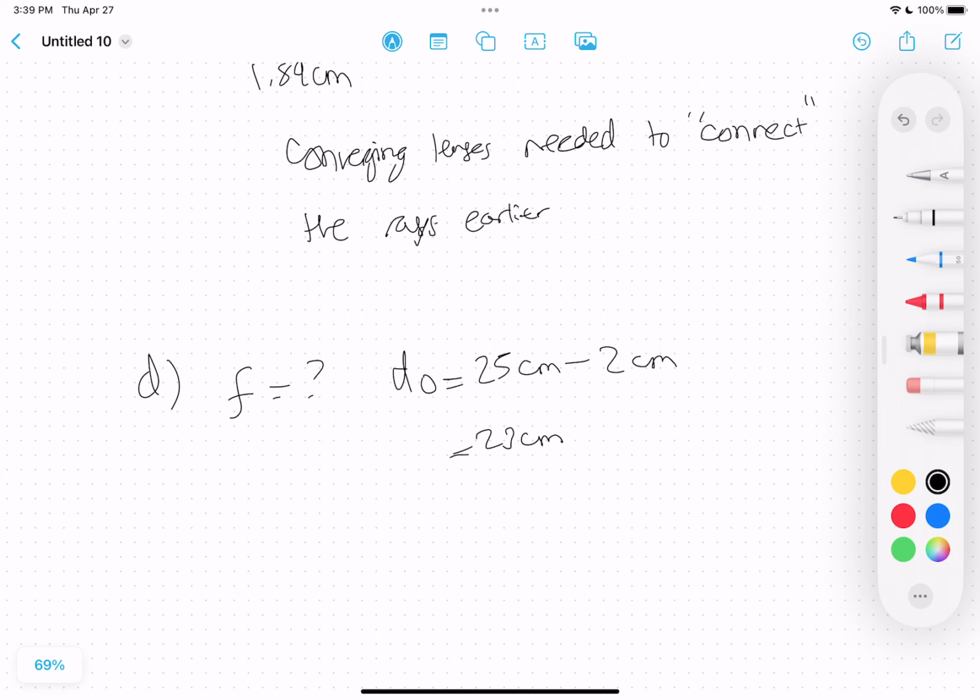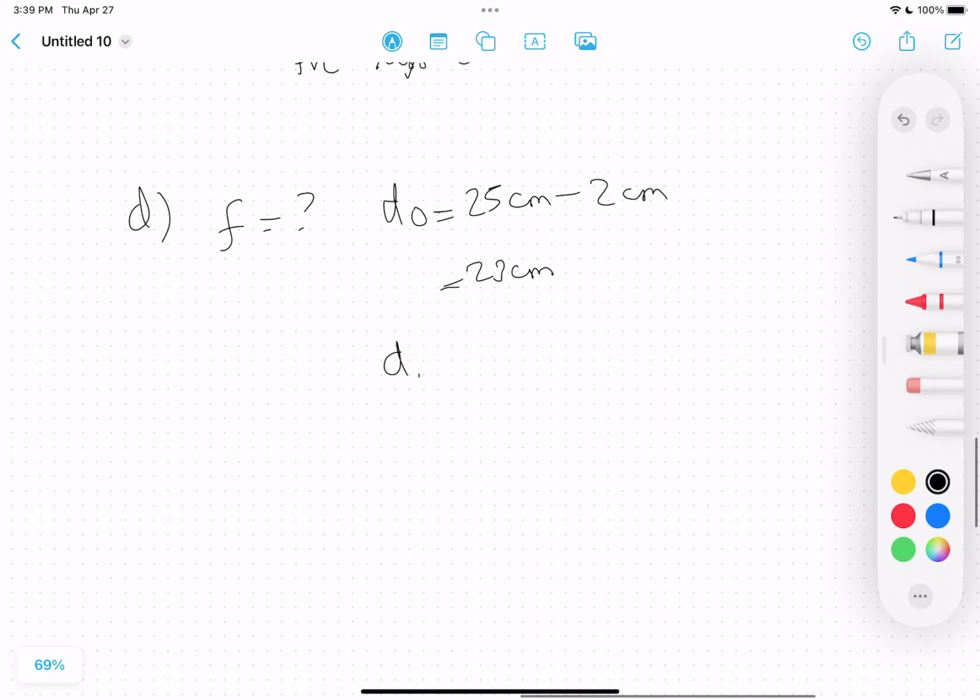And then for our image distance, what do we have that as? Image distance we actually got from earlier in the problem, right? So we had the image distance at the near point was 87.4 centimeters, remember that?